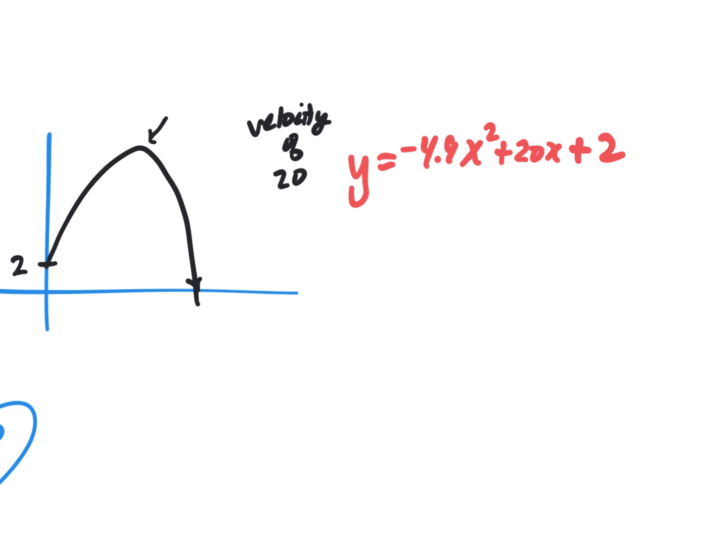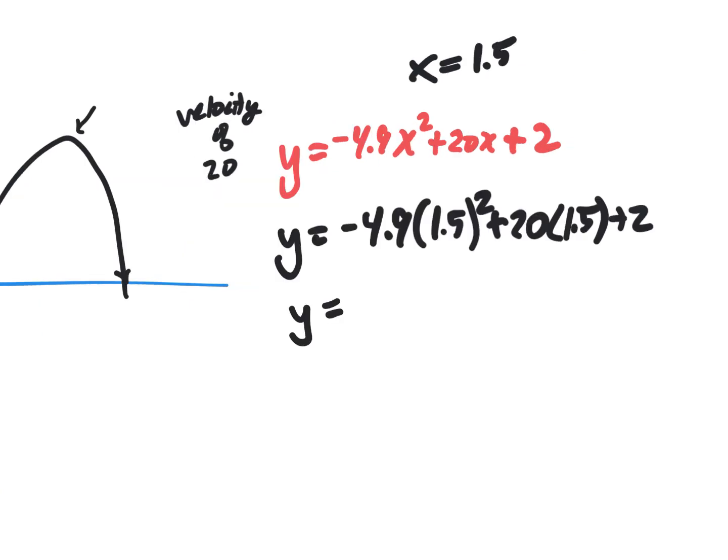So I'm going to say, let's say x equals 1.5 seconds. All right, so at 1.5 seconds, you put that into your calculator. And when I stuck that into the equation and into my calculator, I got 20.97.